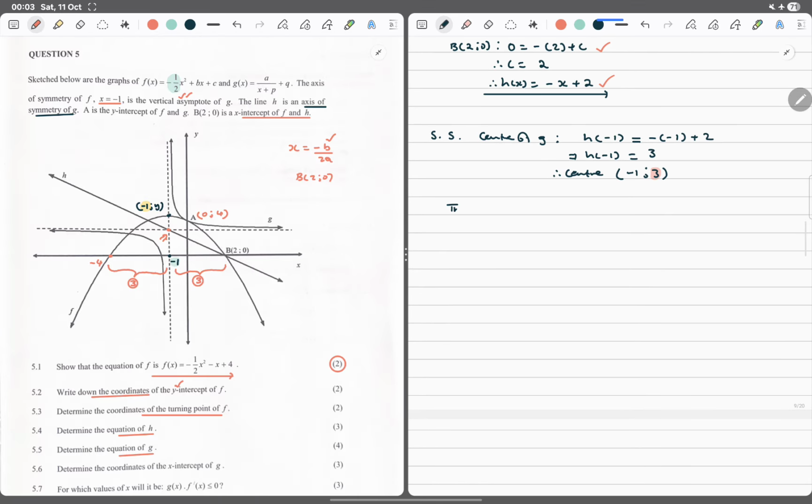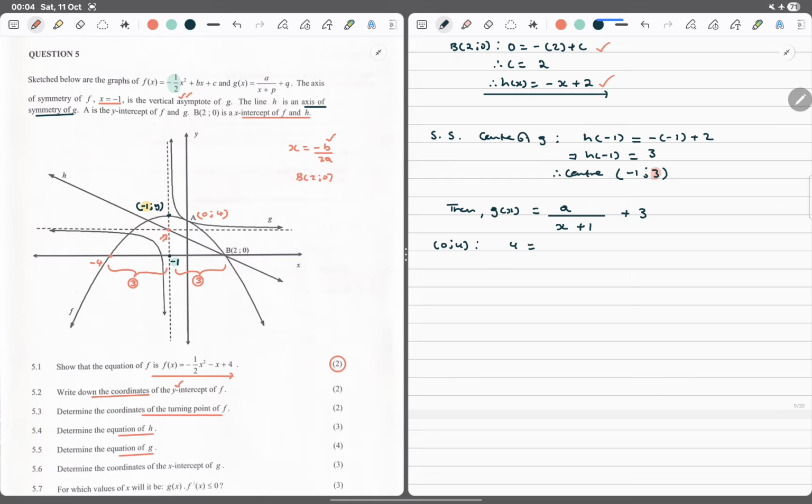We can say then g of x is going to be a over x plus 1. We know the value of p is going to be plus 1. Then plus 3. We can substitute the point here, (0, 4).